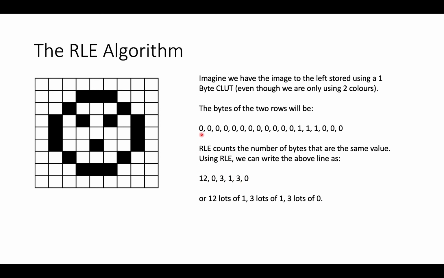So if you think that each one of these here is a byte, because we're using an 8-bit color lookup table, this data here is going to be 18 bytes. Okay, so the file size here would be 18 bytes. Using run length encoding on the first two rows, we're only going to use 6 bytes. So we've compressed 18 bytes down to 6 bytes.